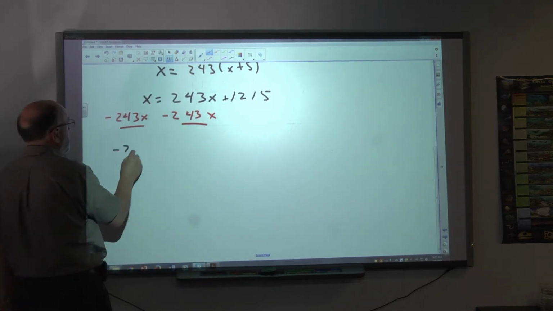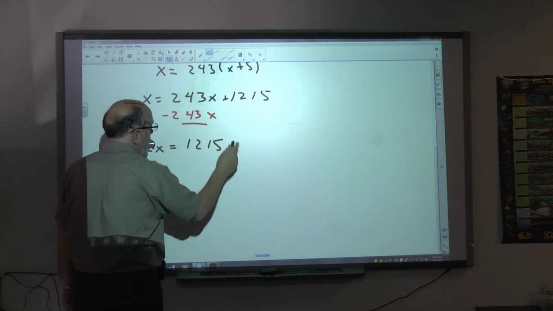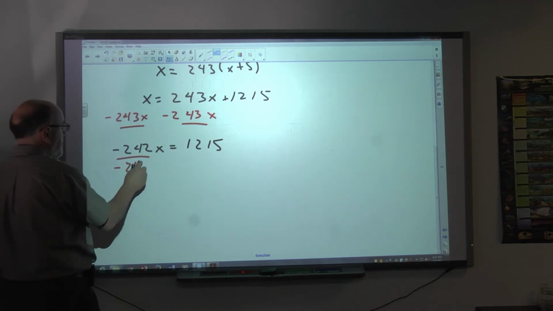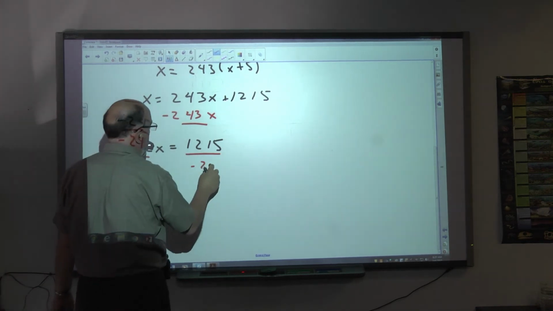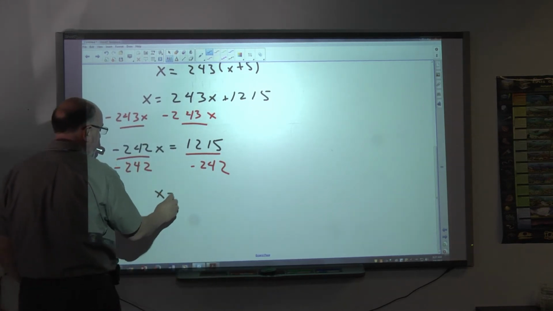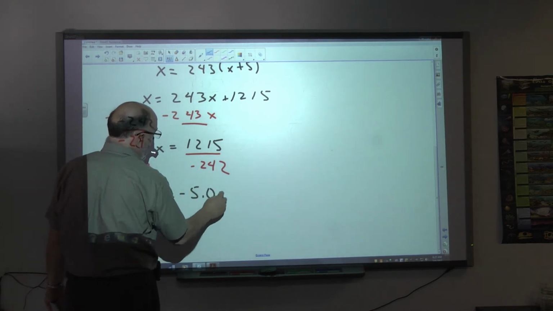Negative 242x equals. And then lastly, we'll divide. And so negative 242. And so x, in this case, is going to be a negative 5.02.